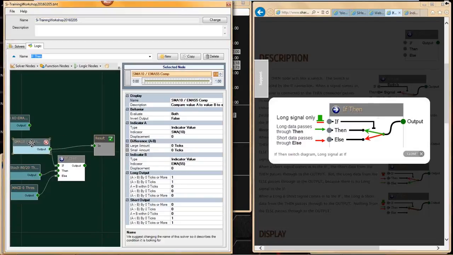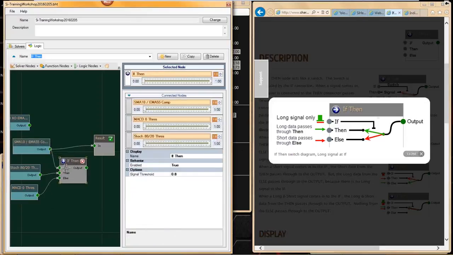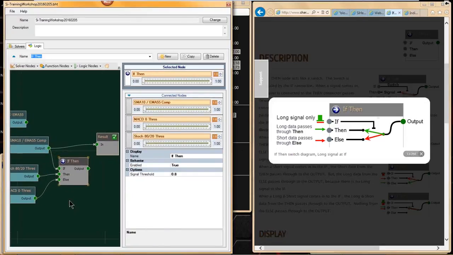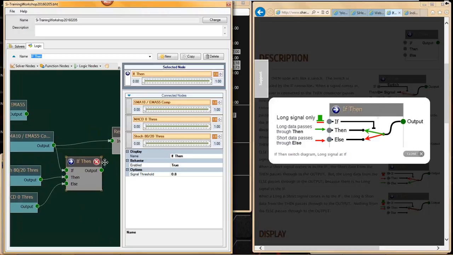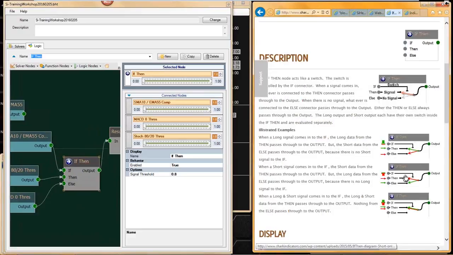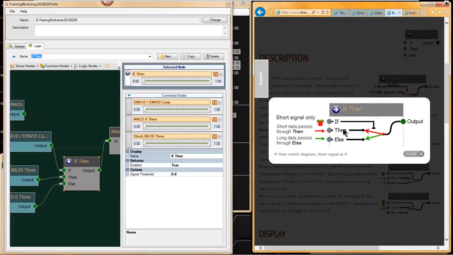Right. So this solver is giving us a short signal into the if connector. So with a short signal coming into the if connector, this is how the switches are configured. All right. So we're going to be taking short signals from the stochastics, where we'll be taking long signals from the MACD.